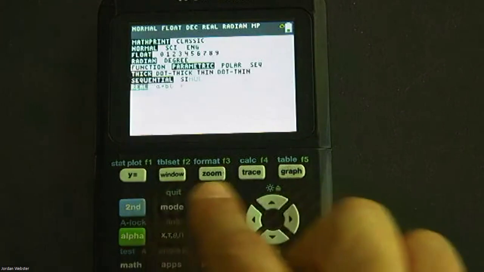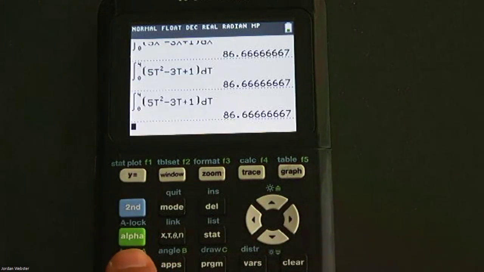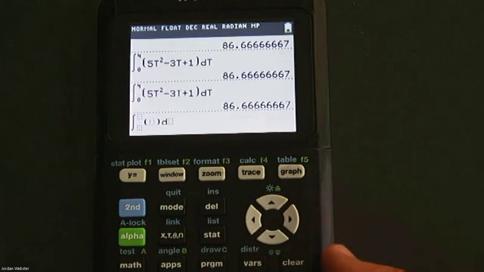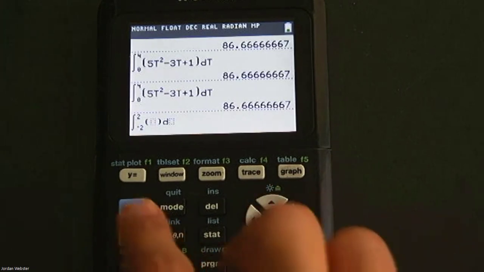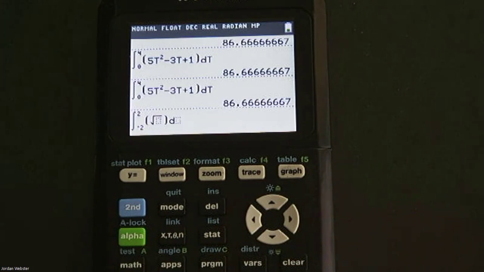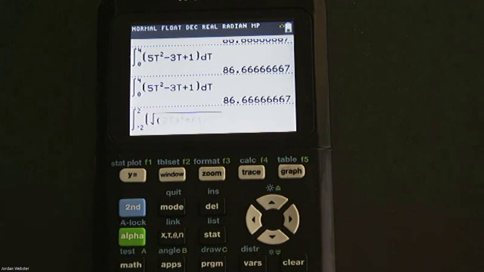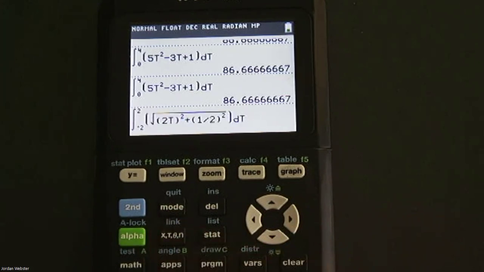What I would do is make sure I'm in parametric mode and then go into math, number 9, integrate from -2 to 2, and then it's the square root in parentheses 2t quantity squared plus in parentheses 1/2 or 0.5 quantity squared integrated with respect to t.